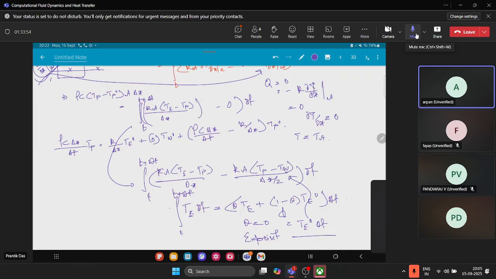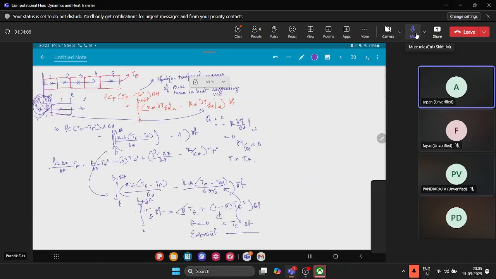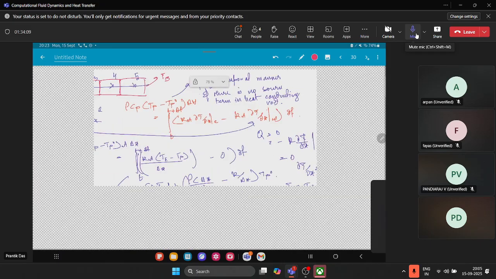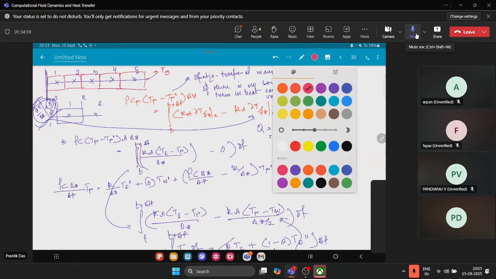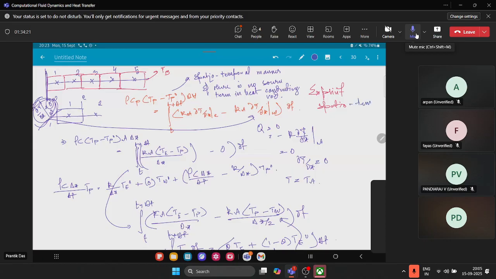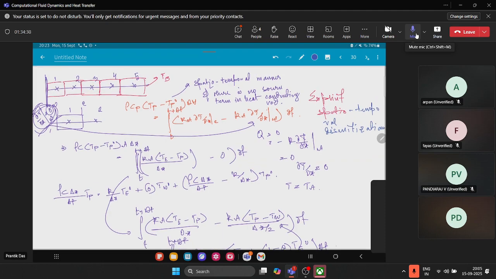So in the second line itself, we have assumed that you are using explicit scheme, right? Yeah, for this problem itself. Let me clarify further. We are using explicit spatio-temporal discretization, and at one boundary there is a zero gradient boundary condition, which means there is no heat flux, which is the adiabatic boundary condition.